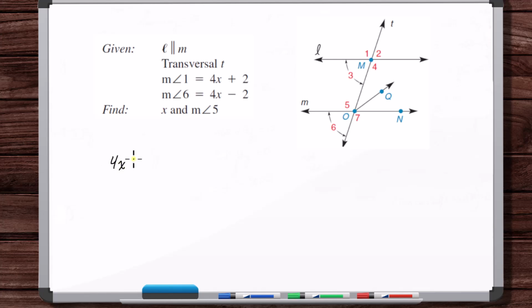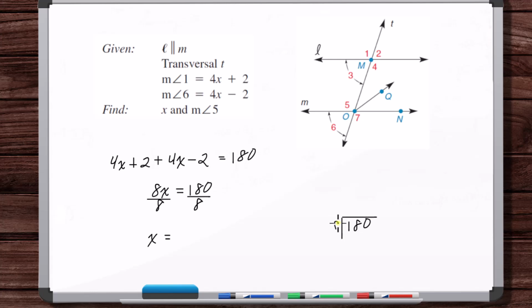So 4x plus 2 plus 4x minus 2 is equal to 180. That's 8x equals 180, so x is equal to 180 divided by 8, which is 22.5.